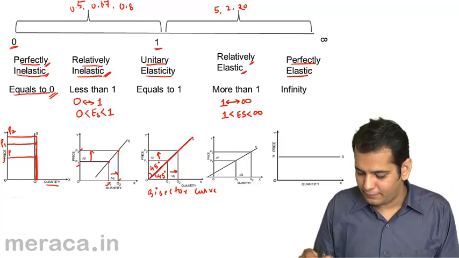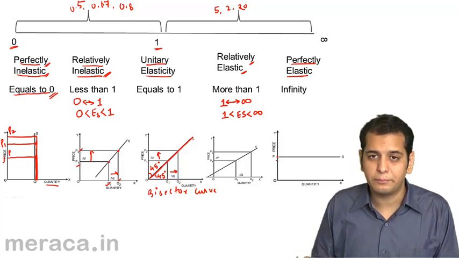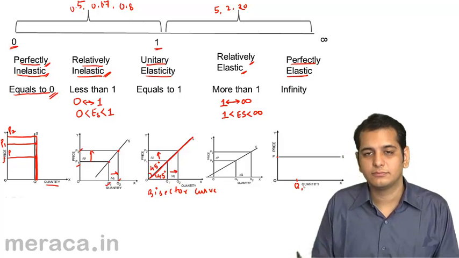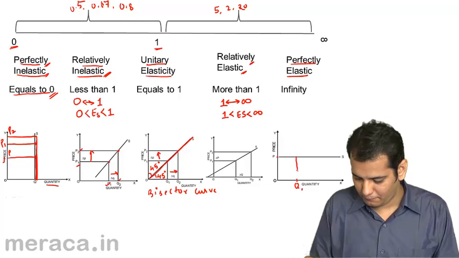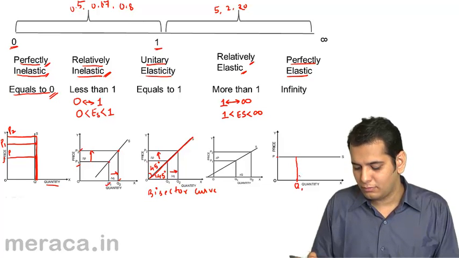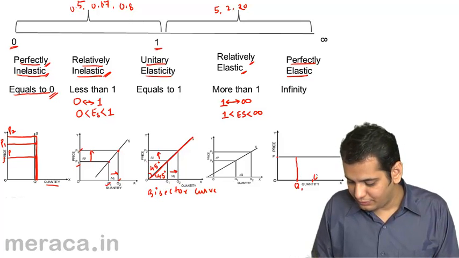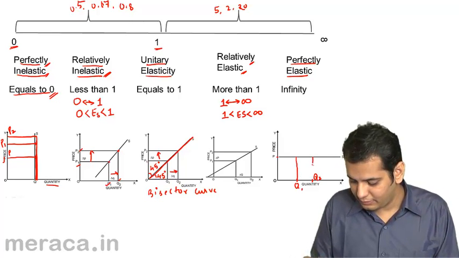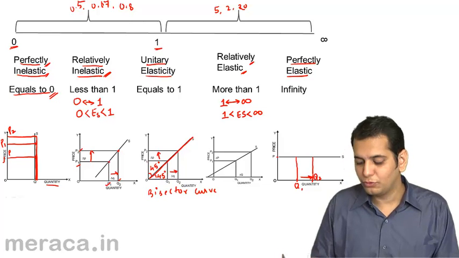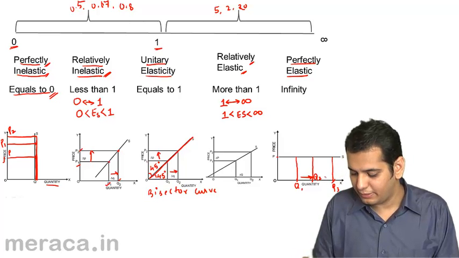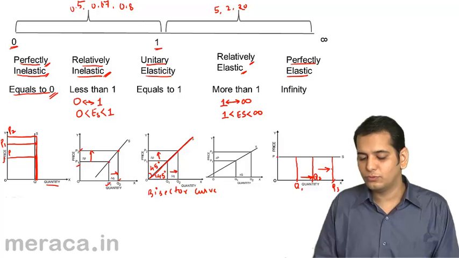Let's say the original price is P and the original quantity supplied is Q1. Now the price remains the same, yet the quantity supplied increases to Q2. Again, the price remains the same, the quantity supplied increases to Q3.